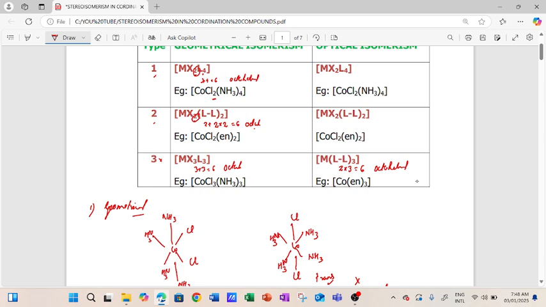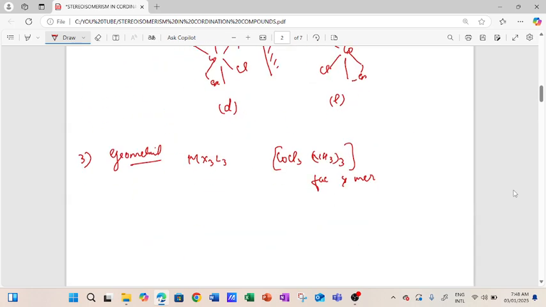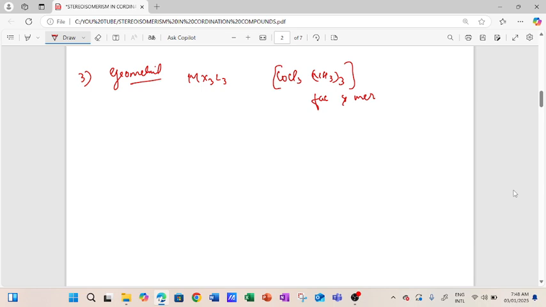One ligand comes 2 times, that ligand we select and keep in the adjacent and opposite position to draw cis and trans. But in type 3, no ligands are coming 2 times. It is X3 and L3 only. In such cases we cannot select any one ligand and keep it in the adjacent and opposite position, so this isomerism does not form cis and trans, instead it forms facial and meridional isomers, or FAC or MER isomers.